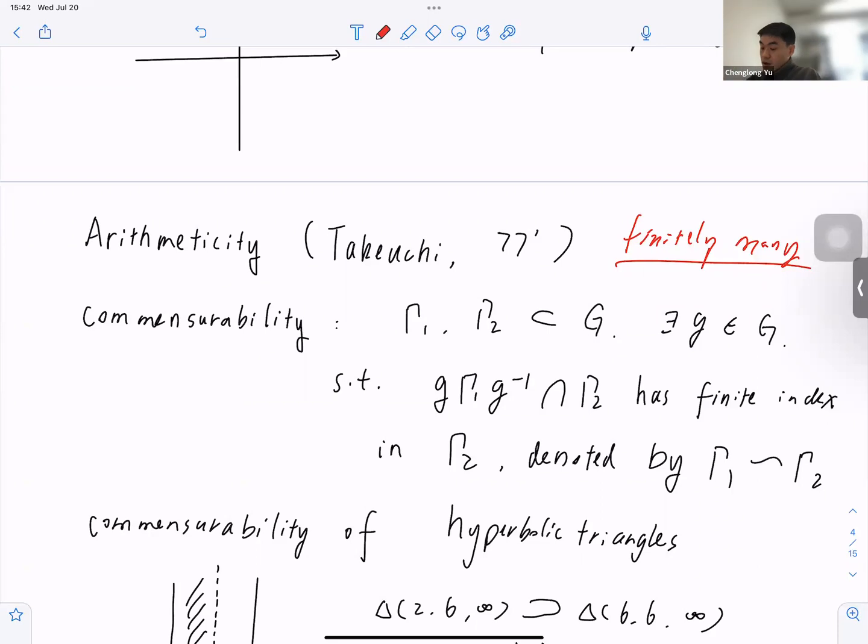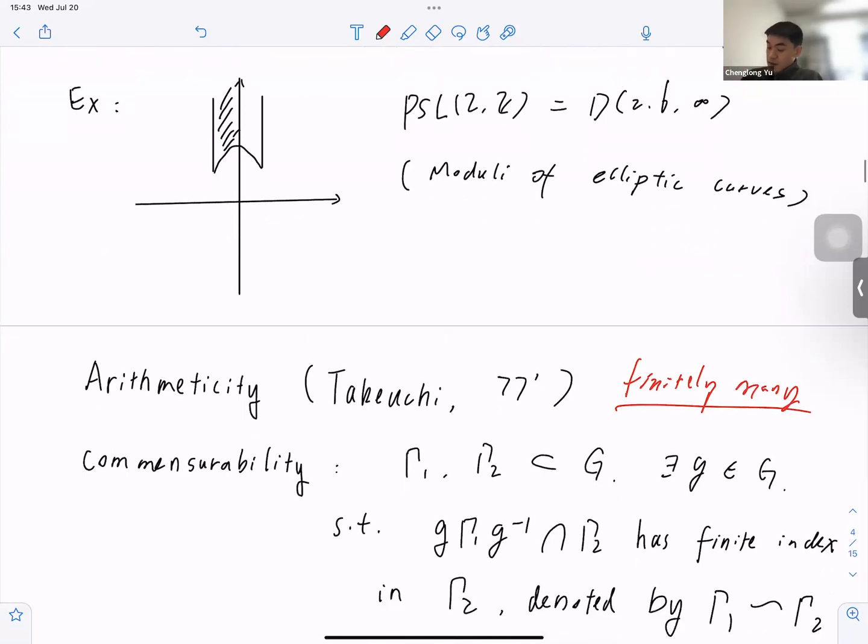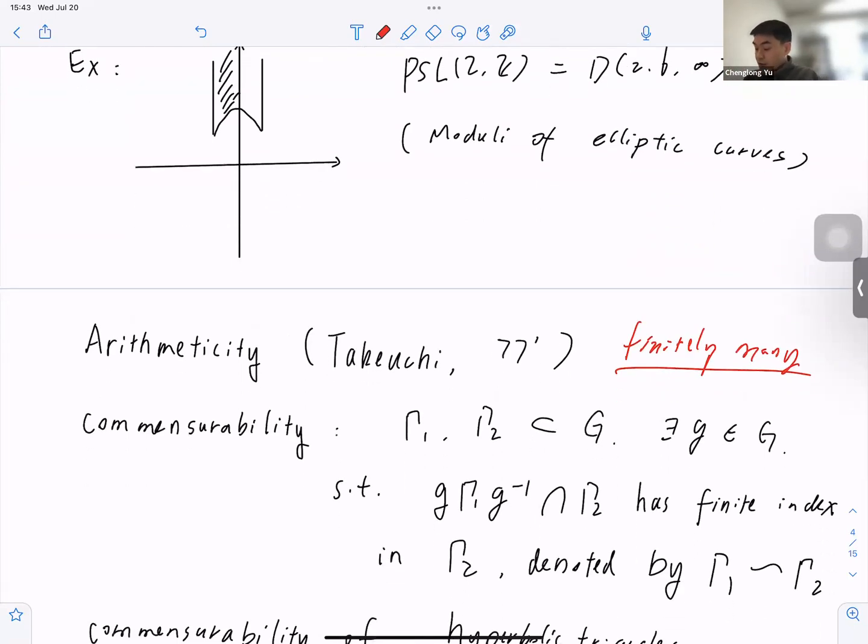Another interesting and important question about the classification of those groups is to classify them up to commensurability, or if you want to view it as a moduli space. For example, if we consider the upper half plane quotient by this triangle group, then we want to classify the quotient spaces up to finite cover. The definition of commensurability for 2 subgroups inside a group G is as follows. This is usually called commensurability in the wider sense.